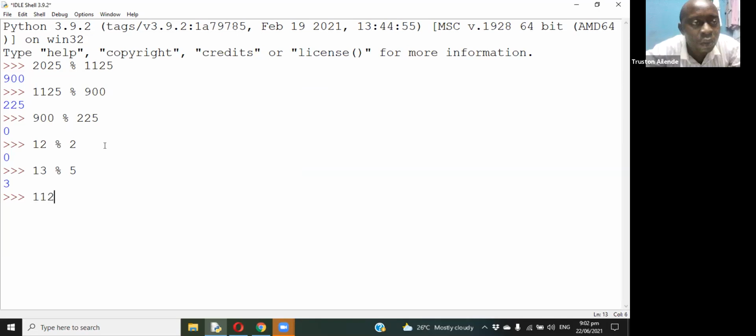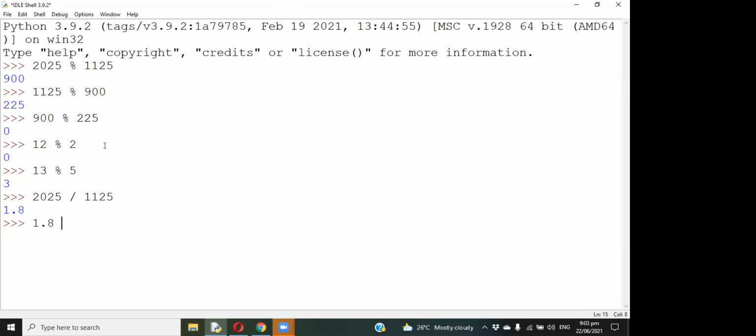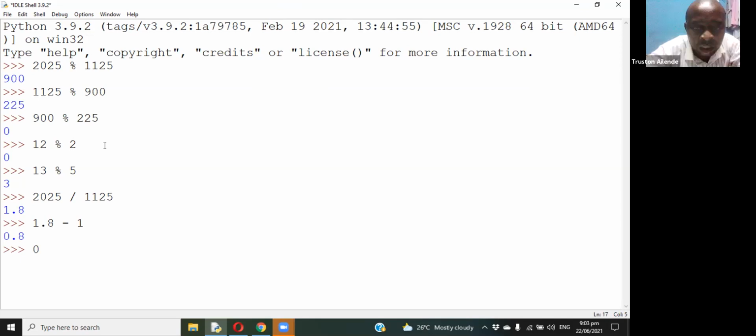If you look at it, let's do it the way you understand. 1 minus 1.8, 0.8. 0.8 times 1125 is equal to what? Do you understand?